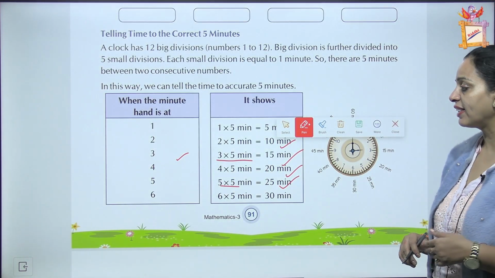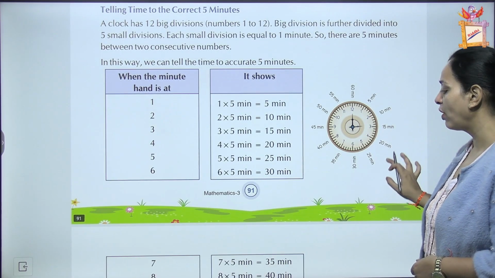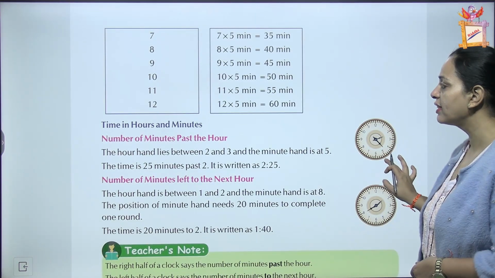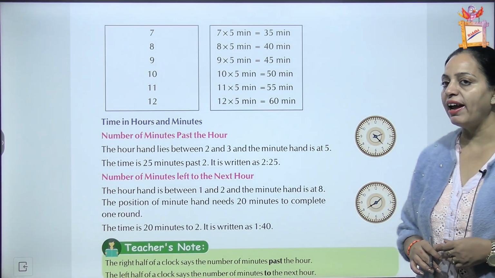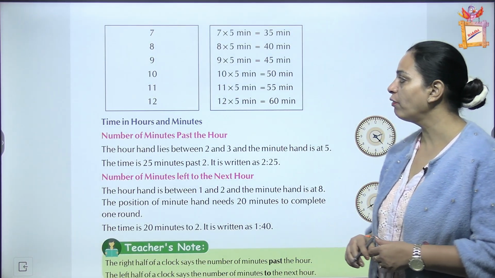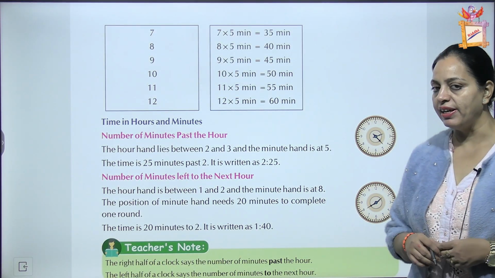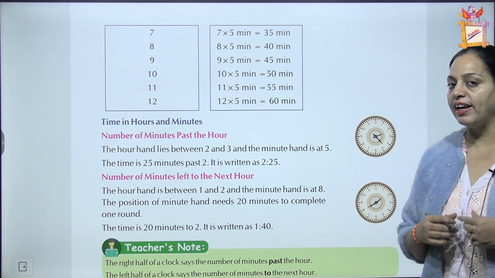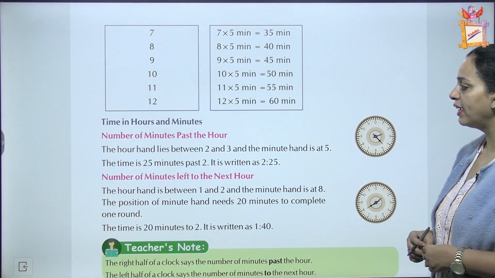And when it is at 6, 6 multiply 5, 30 minutes. Like this, at 7, 7 into 5, 35 minutes. At 8, 8 into 5, 40 minutes. At 9, 9 into 5, 45 minutes. At 10, 10 into 5, 50 minutes. At 11, 11 into 5, 55 minutes. And at 12, 12 into 5, that is 60 minutes.